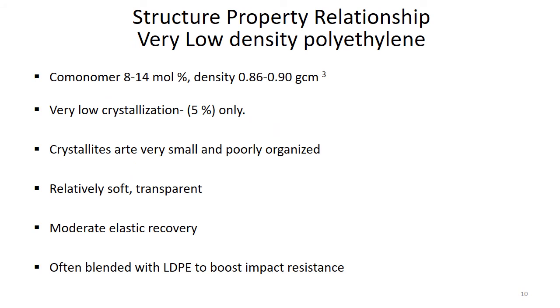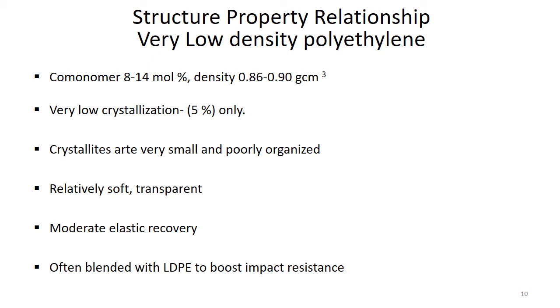Next come very low density polyethylenes. Just like linear low density polyethylene, we can vary the density of very low density polyethylenes from 0.90 down to 0.86 grams per cubic centimeter by varying the comonomer level from 8 to 14 mole percent.